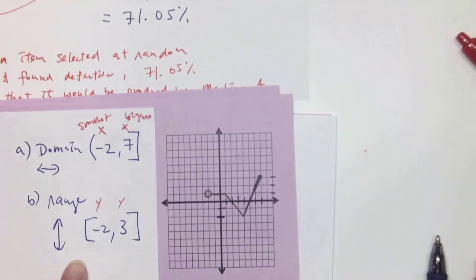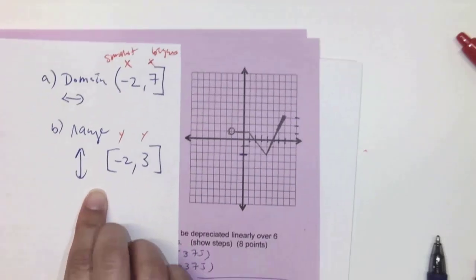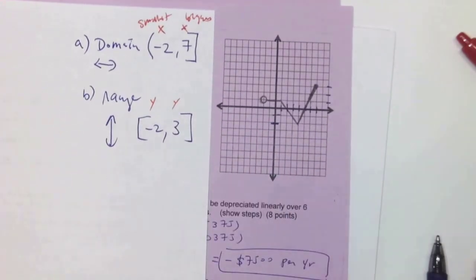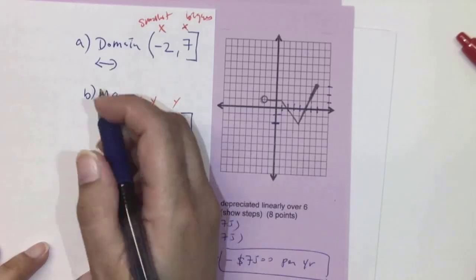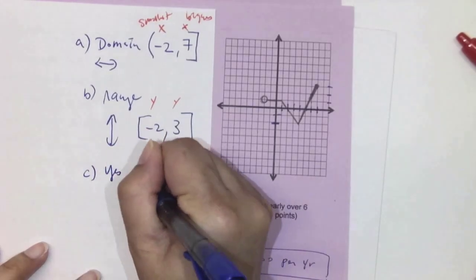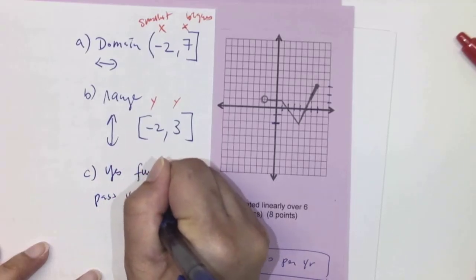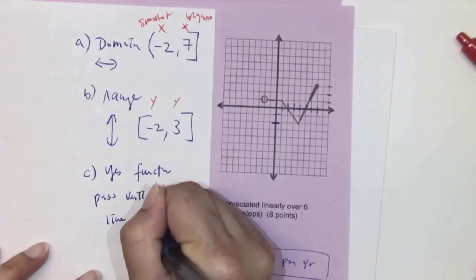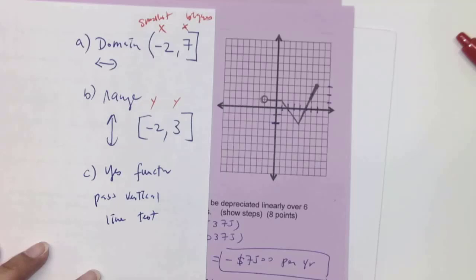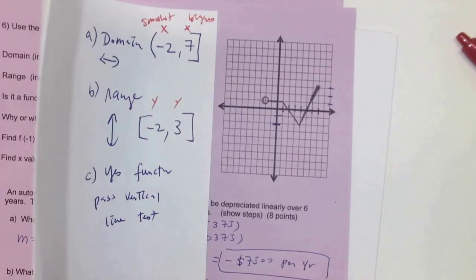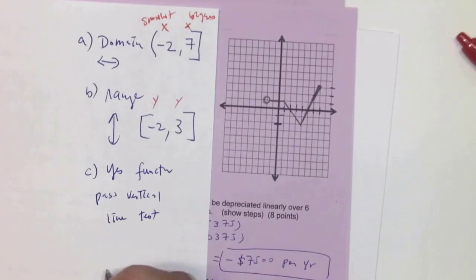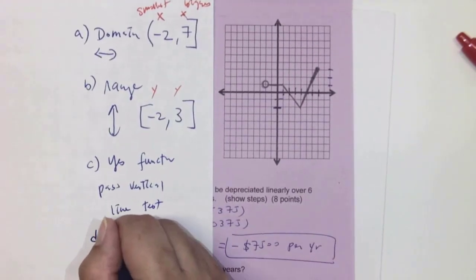Is this a function? How do you decide if something is a function or not? The vertical line test. Does it pass? Yes, so this is a function because it passed the vertical line test. It only costs up to 1 point. So the next part, we need to find f of -1.